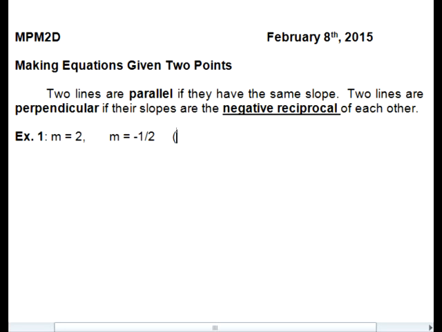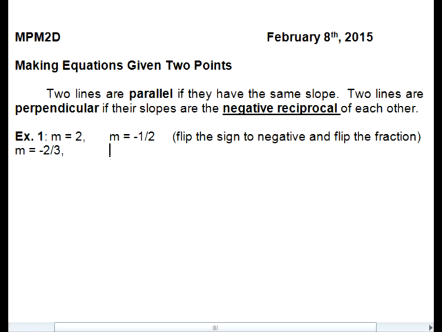What we did was flip the sign to negative and flip the fraction. Then if m is equal to negative 2/3, the perpendicular slope is going to be positive 3 over 2. Right?